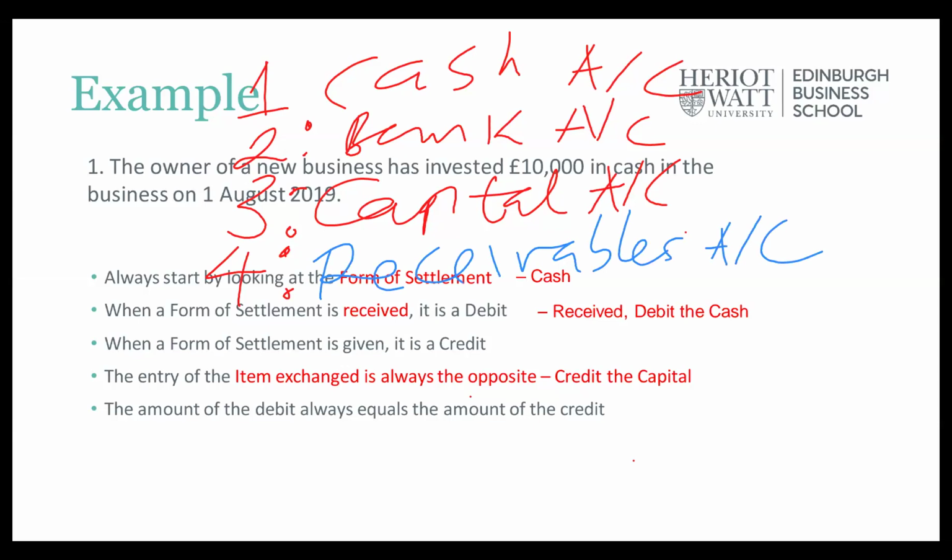If you as the business sell on credit, then you debit your receivables account. Such transactions don't go in the cash account because you have not sold for cash. So you record this transaction in the receivables account. Is that clear?